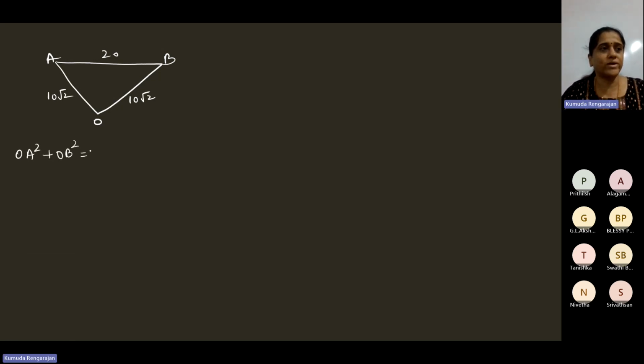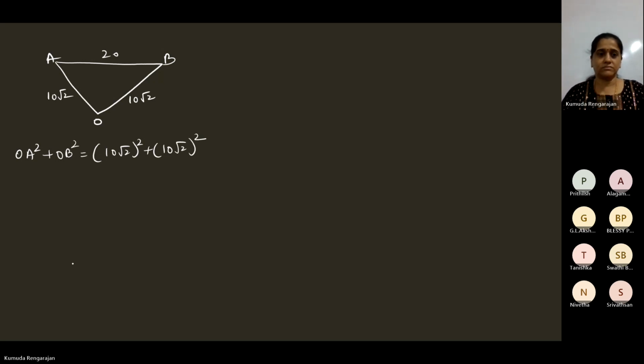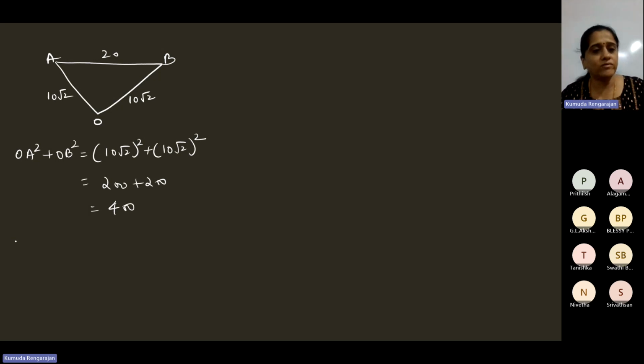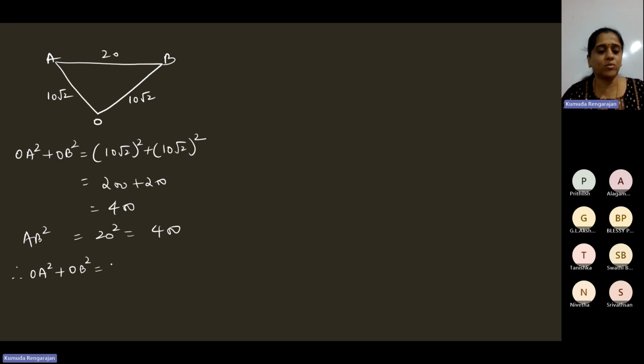That is the sum of the squares of the two shorter sides. 10 root 2 the whole square plus 10 root 2 the whole square. 200 plus 200, 400. The square of the longest side, 400. So that means, therefore, OA square plus OB square is equal to AB square.